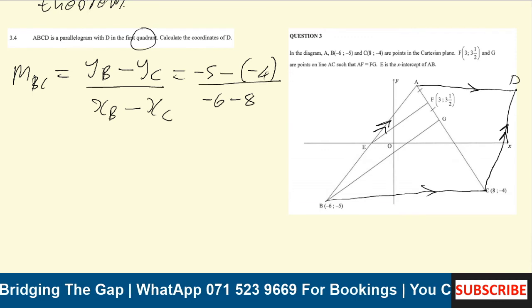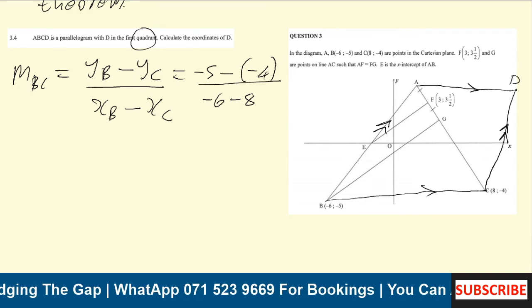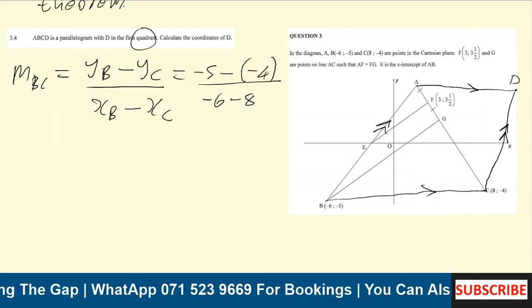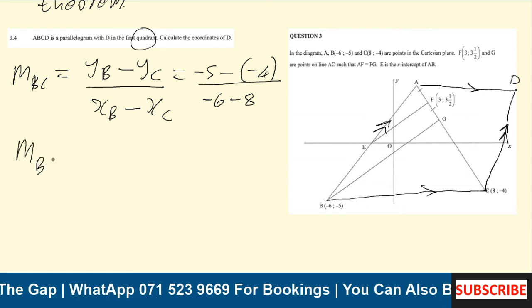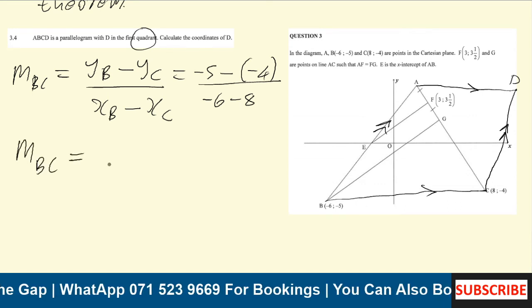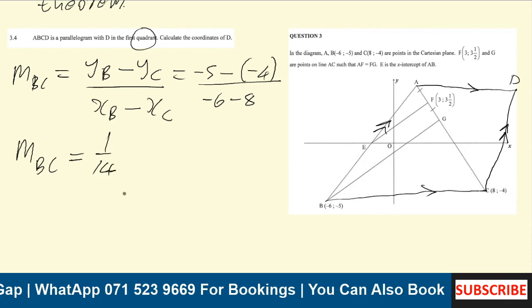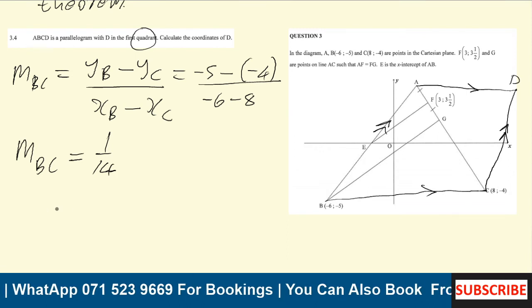So the y coordinate at B is -5, and the y coordinate at C is -4. The x coordinate at B is -6, and the x coordinate at C is 8. The slope becomes just 1/14. This is our slope.